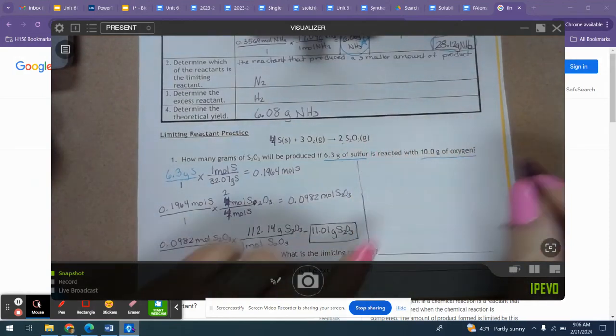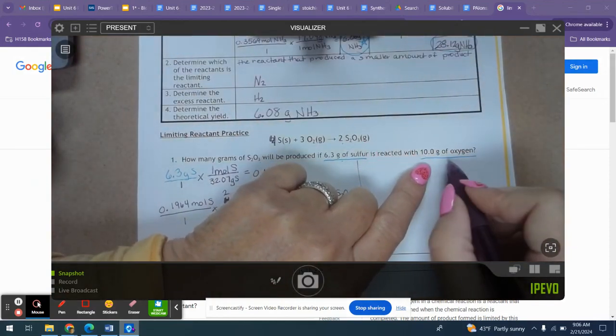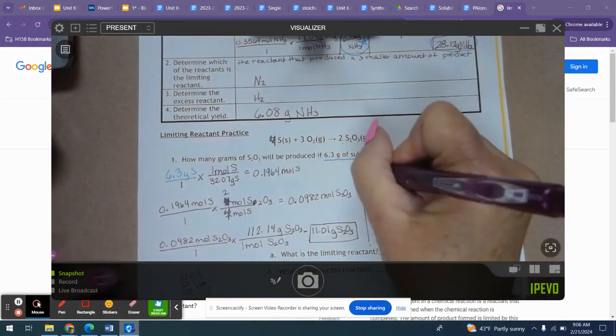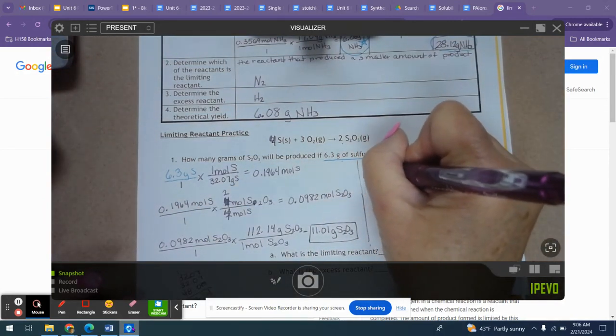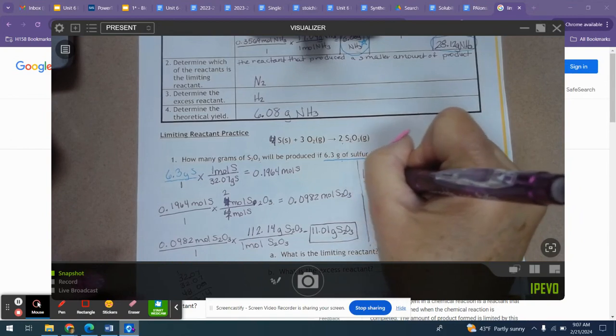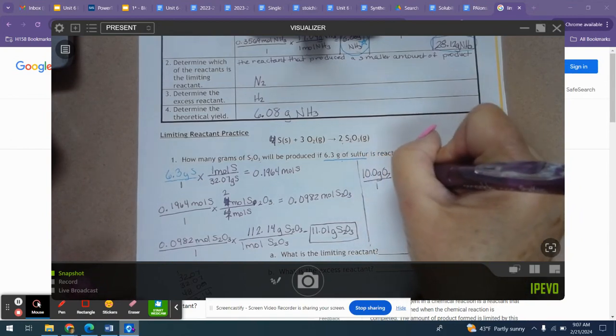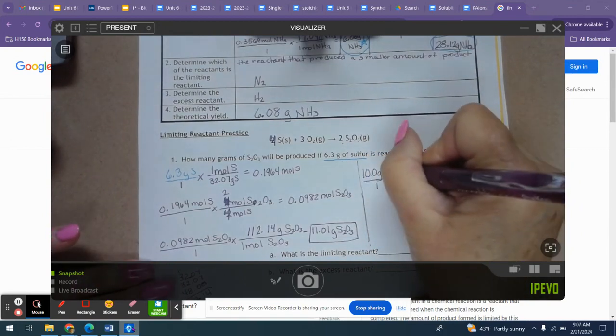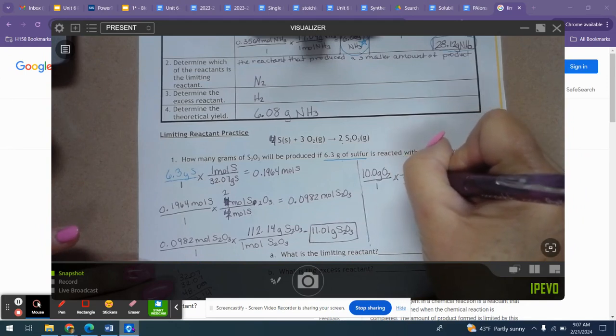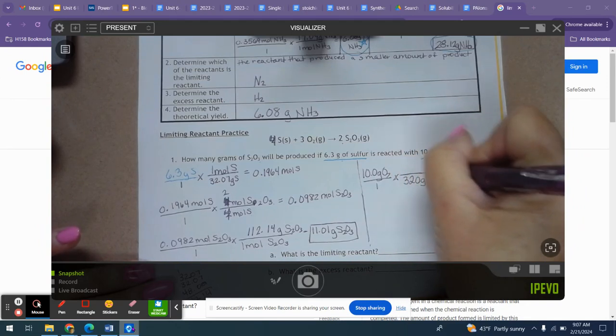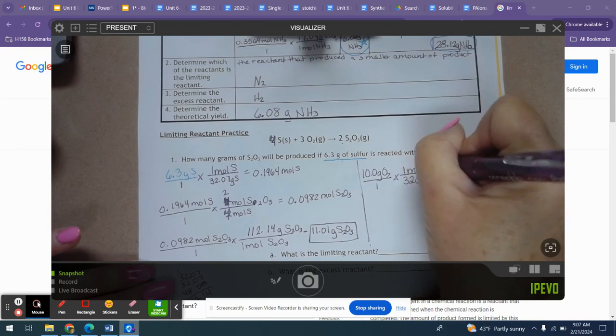Now we have to do the starting with 10 grams of oxygen. So we go through the same steps. Starting with 10 grams of oxygen, we have to convert to moles of oxygen. O2 molar mass is 32 grams, that's equal to 1 mole.